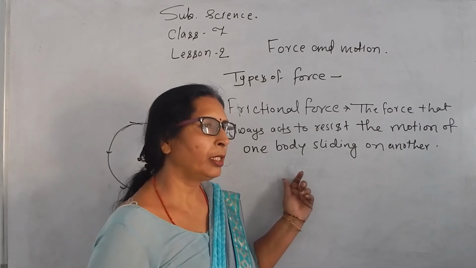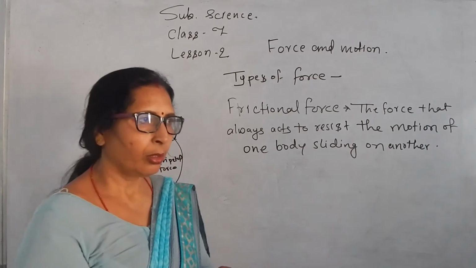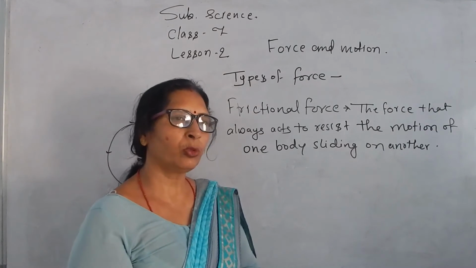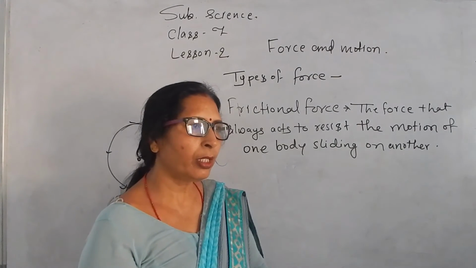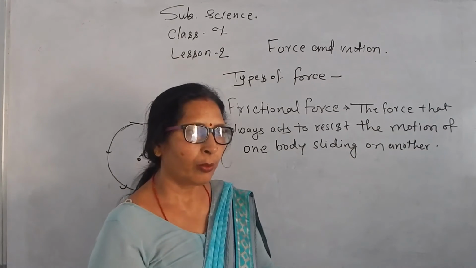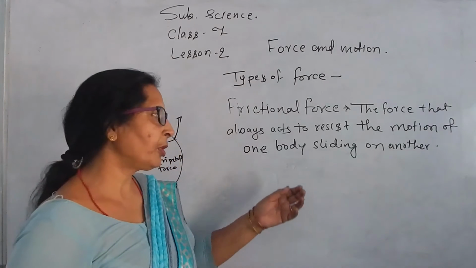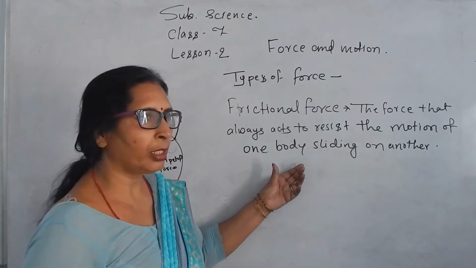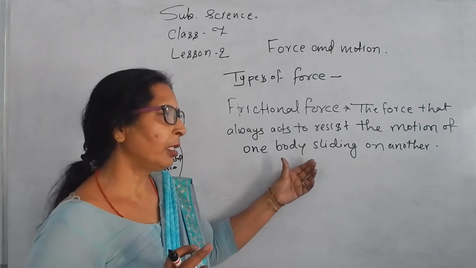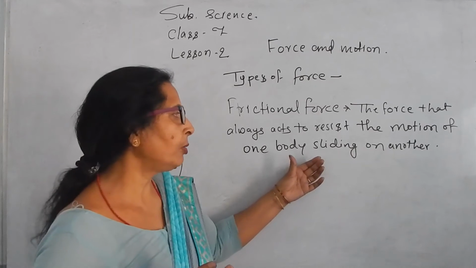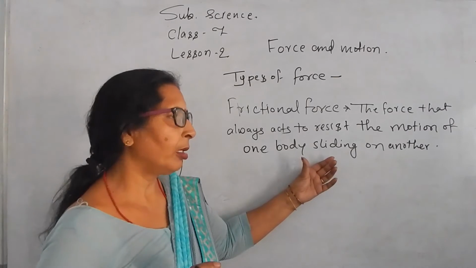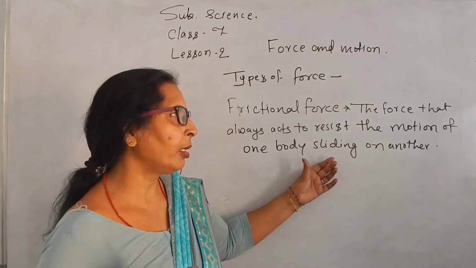What is the reason for stopping? When the ball is moving on the surface, between the surface of the ball and the surface on which the ball is moving, one force is acting. That force always tries to resist the motion of the ball. Due to this reason, the motion of the ball stops.